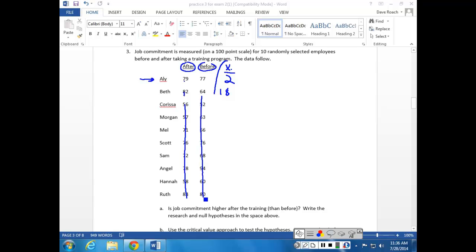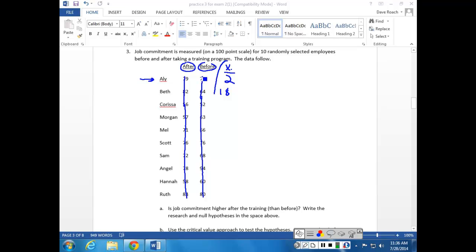This is just a 1-sample t-test for the improvements. Once you've stated the hypothesis, it's exactly what we did on the first problem, the one-sample t-test.